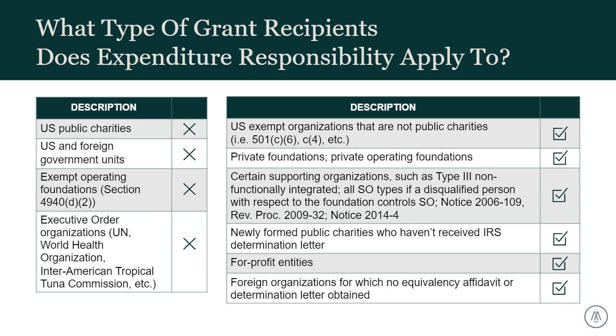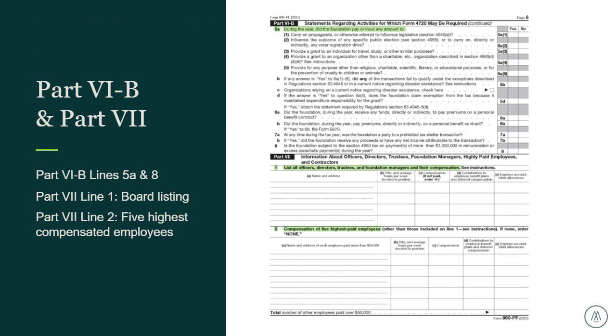Next slide, please. So tying this back to the 990-PF again, Part 6B, lines 5A, the question 3 addresses whether a grant was given to an individual. So answering that yes potentially would trigger some things.